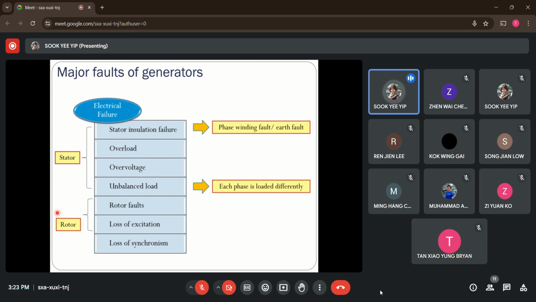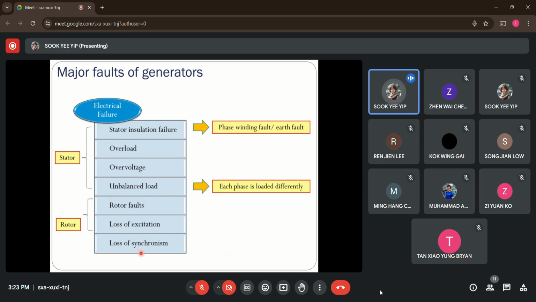How about rotor faults? Rotor, remember, is producing the magnetic fields, right? So now we could have rotor failures due to loss of excitation, or over excitation. So this is the rotor problem.